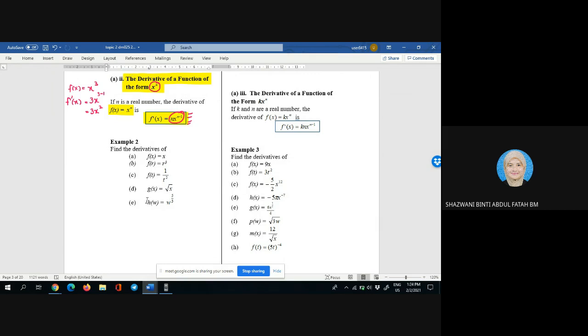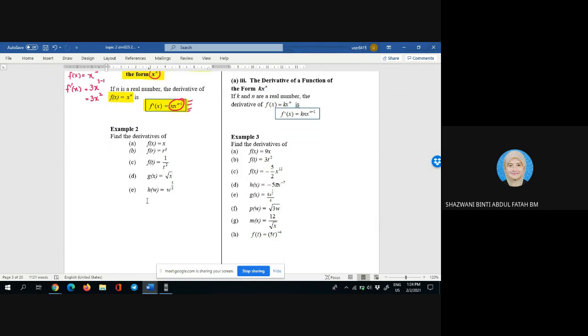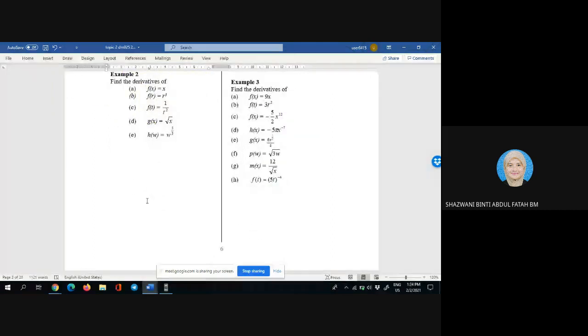Okay, so let us look at the example. Example number 2. Right, so example 2a. You have function f(x) equals to x, so maksudnya x to the power of 1.